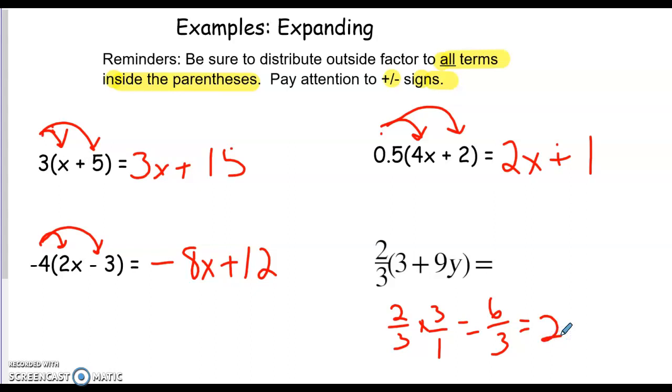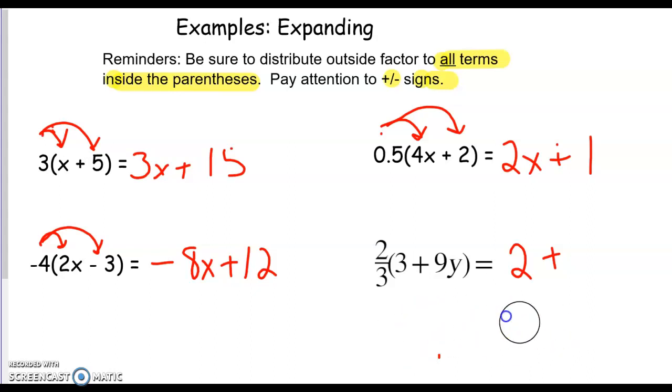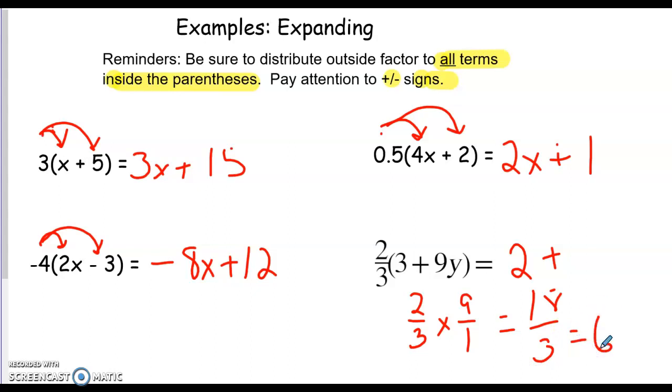So 2/3 times 3 is 2, plus, and I'm going to erase this, and now we're going to do 2/3 times 9 over 1 gives us 18 over 3, which is equal to 6. So 9y times 2/3 would be 6y. Okay, don't let those fractions scare you, or the decimals. All right, it still works the same way.